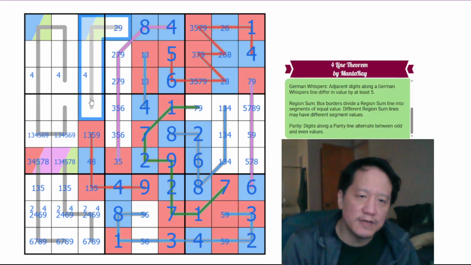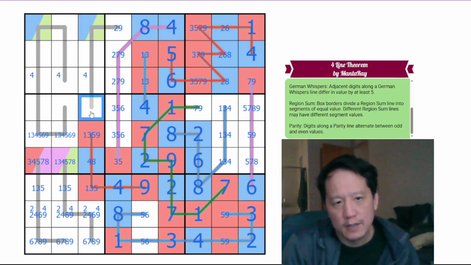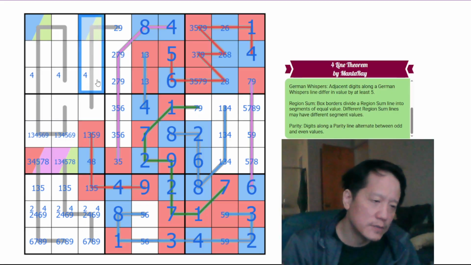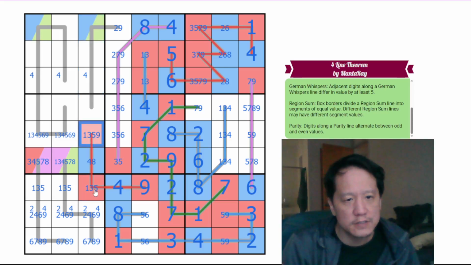If this is a region sum line, this would have to be 9, this would have to be 3 digits, and this would be 9. So, this could not be 3 digits with all odds, because this would be 9, these two would be odds.